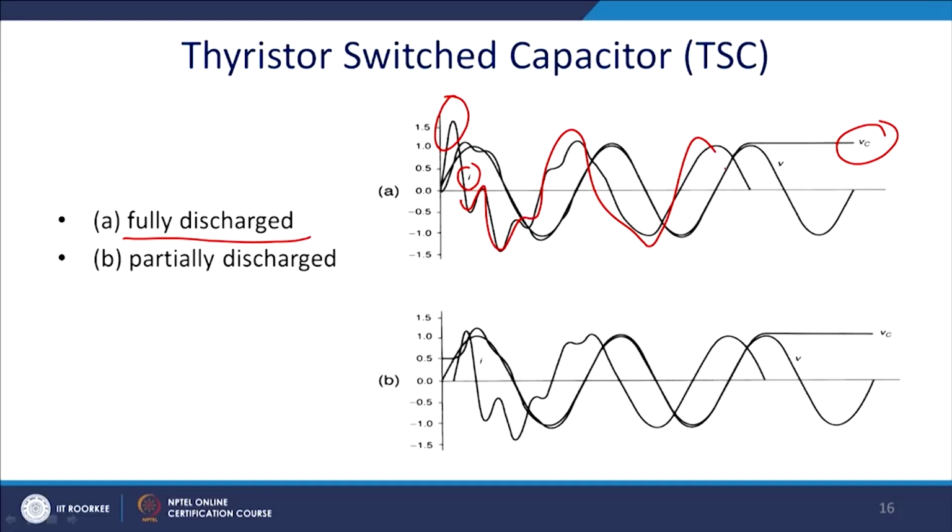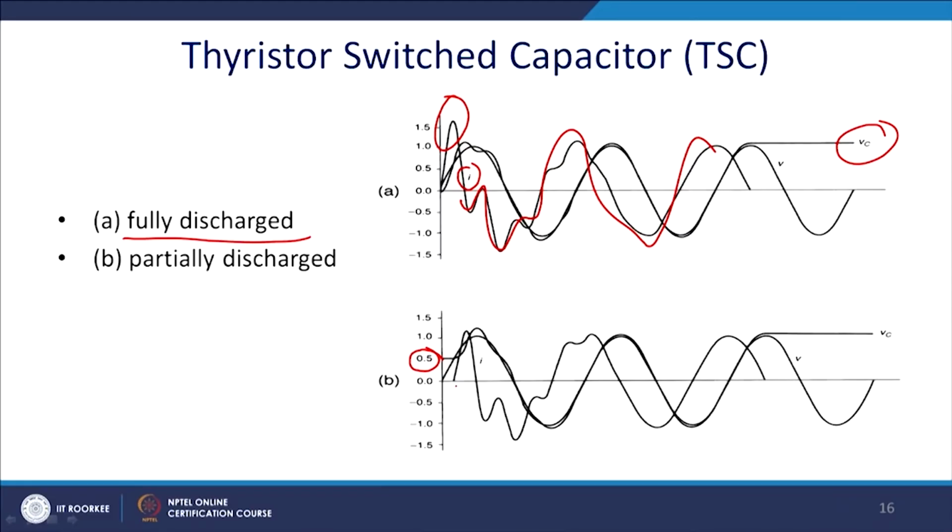Similarly, assuming that it is partially discharged and this voltage is half of the supply voltage, then also you will have a peaky current, but this peaky current will be a little bit reduced. It was 1.5 times the rated value, now it will be a little more than 1, that means about 120%, and thus the current will be flowing like this, thereafter it will stabilize.